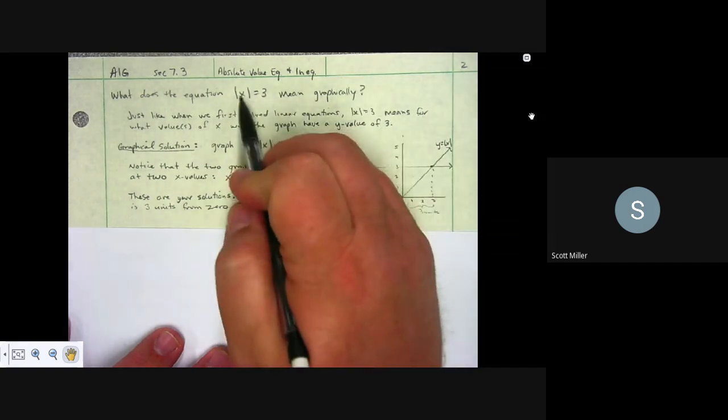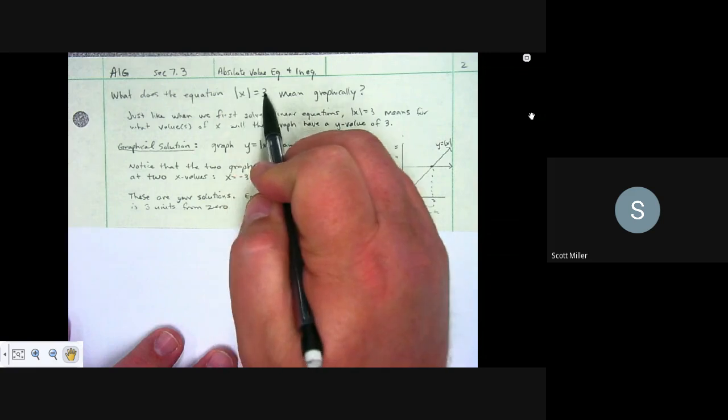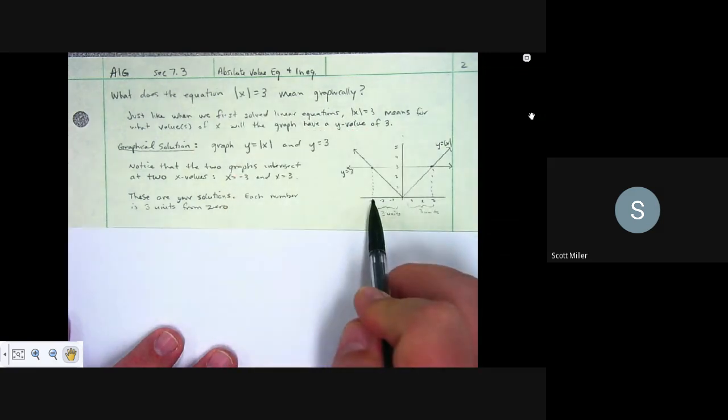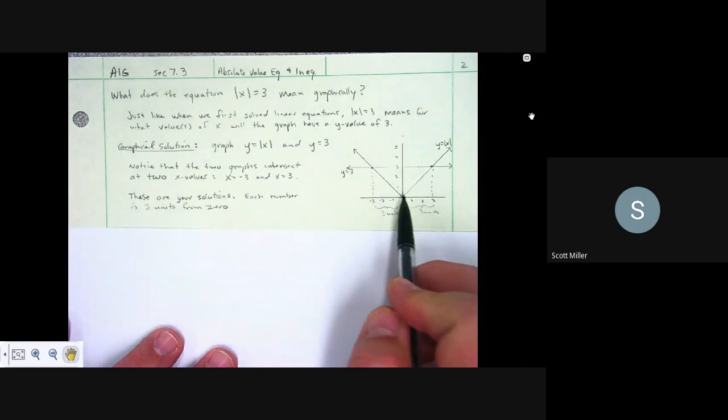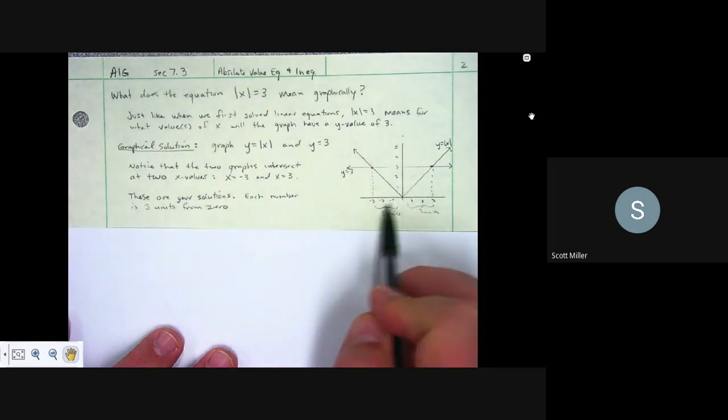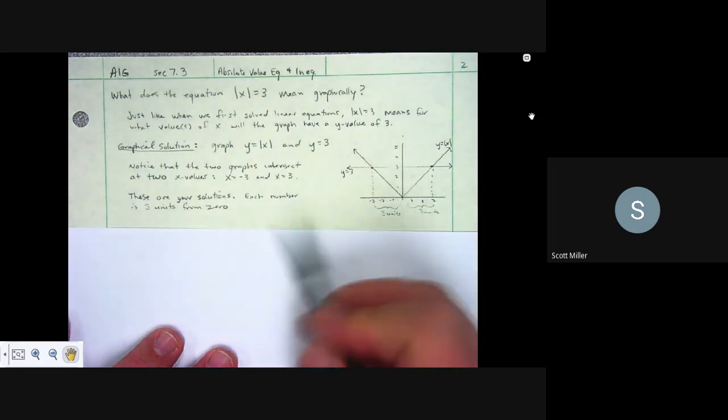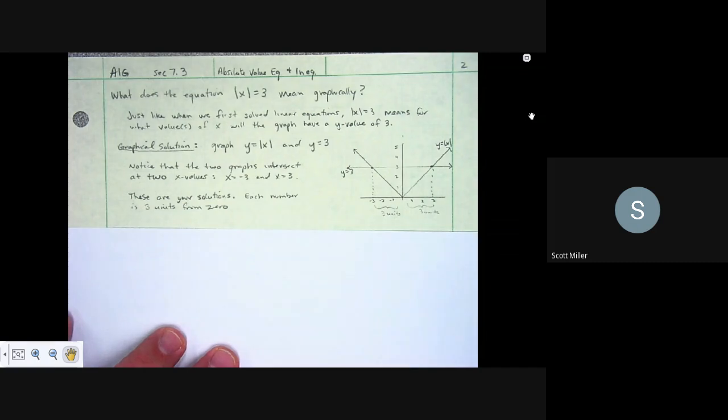Because the absolute value of +3 is 3, and the absolute value of -3 is 3, because that's how far those numbers are from 0. These two numbers are 3 units away from 0, and so that's why they're both going to be solutions.